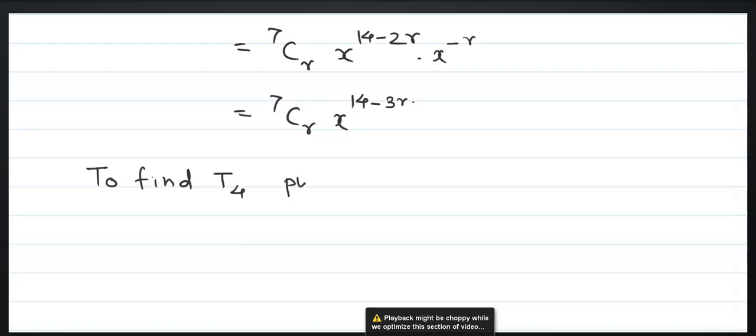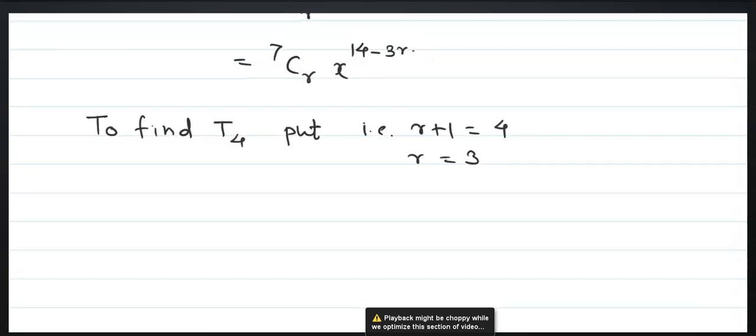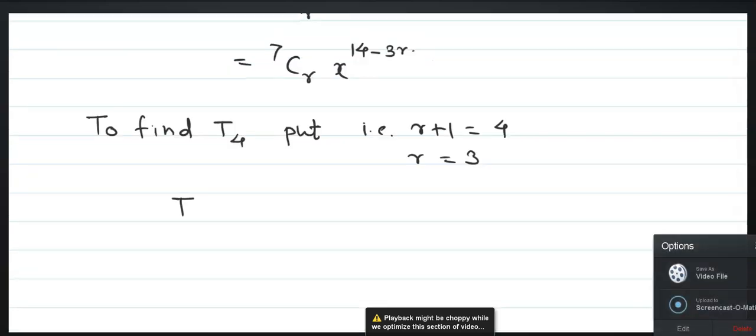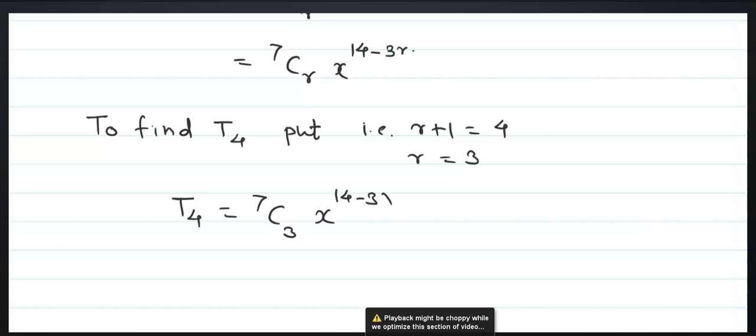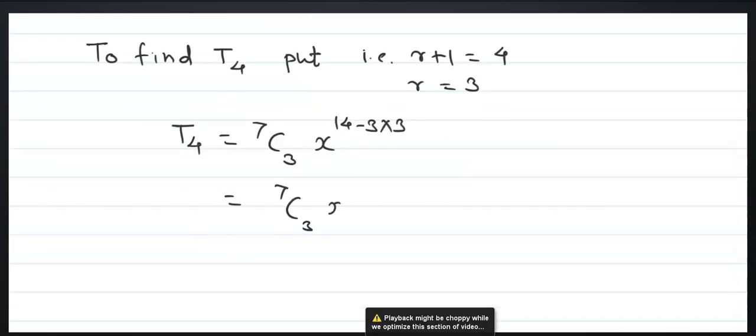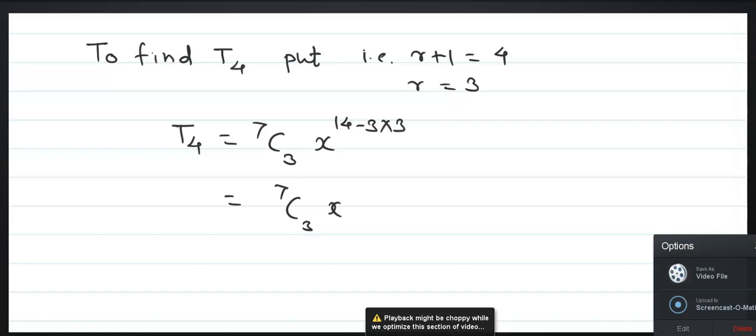To find T4, put r plus 1 is equal to 4. Therefore, you will get r is equal to 3. Therefore, T4 is equal to 7C3 x raised to 14 minus 3r, that is 3 into 3. Therefore, 7C3 x raised to 14 minus 9.